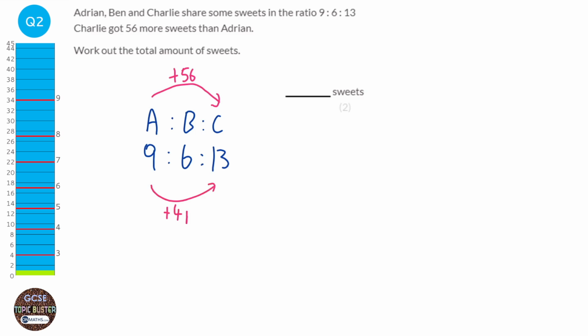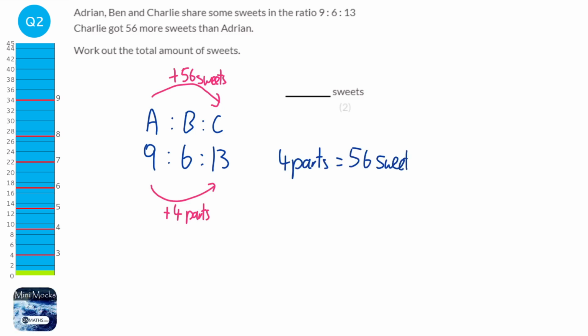So plus 4 parts, which represent plus 56 sweets. So the 4 extra parts are worth 56 sweets. So 4 parts are worth 56 sweets. So 1 part would be 56 divided by 4, which is 14 sweets.